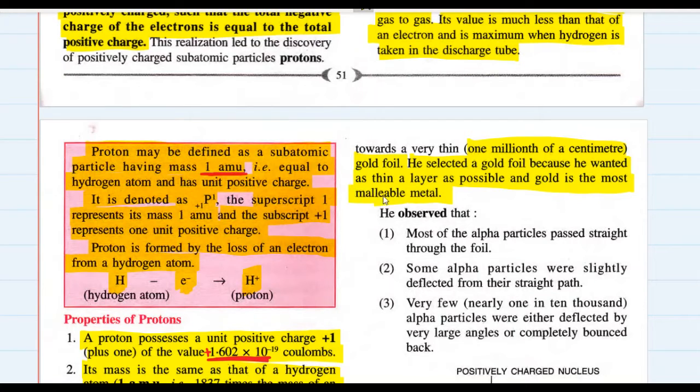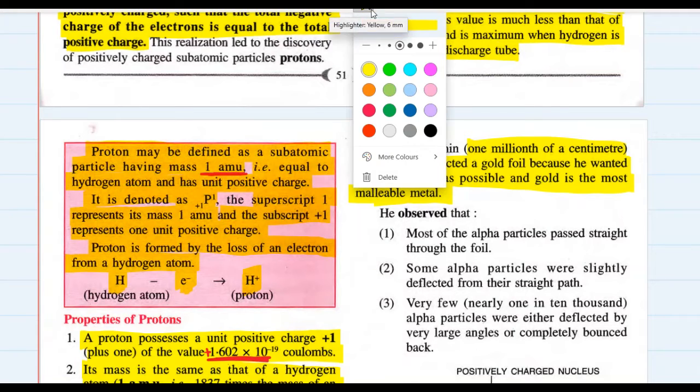So he wanted to do an experiment, which we will study in detail, and see what the atom is made up of. If the structure of an atom is just like how J.J. Thomson suggested, like a plum pudding or a watermelon, then let me draw the structure of the atom just like a watermelon.